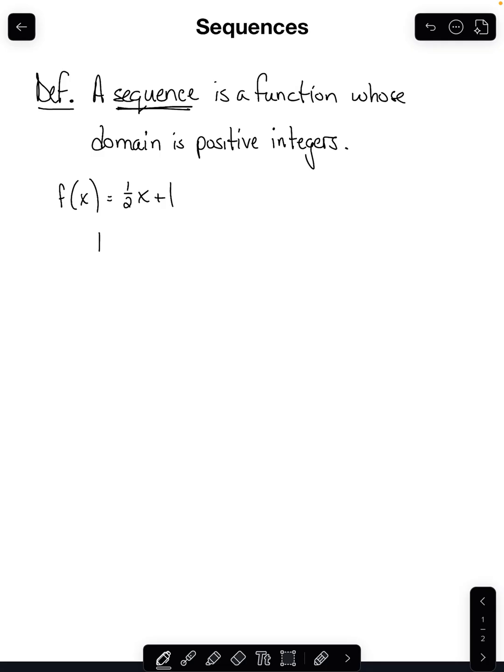For a continuous function, we would represent this by marking the y-intercept, which would be 1, and then we would use the slope to go up 1 and right 2.